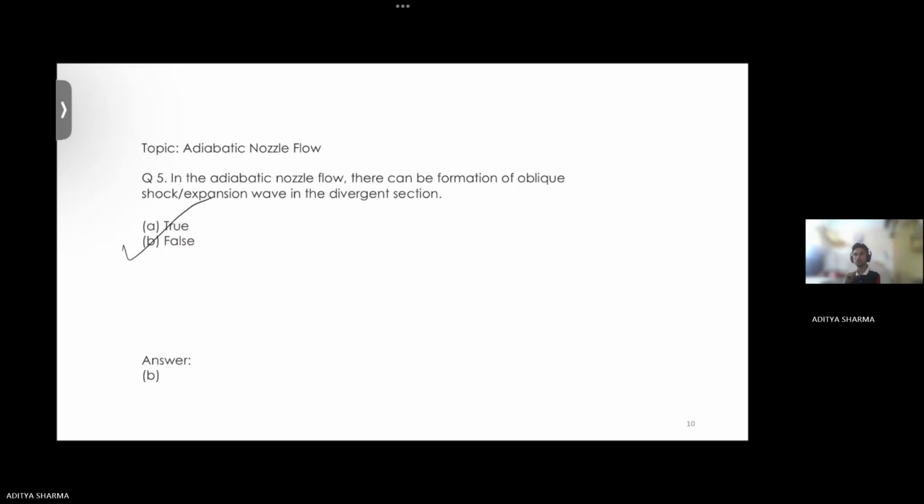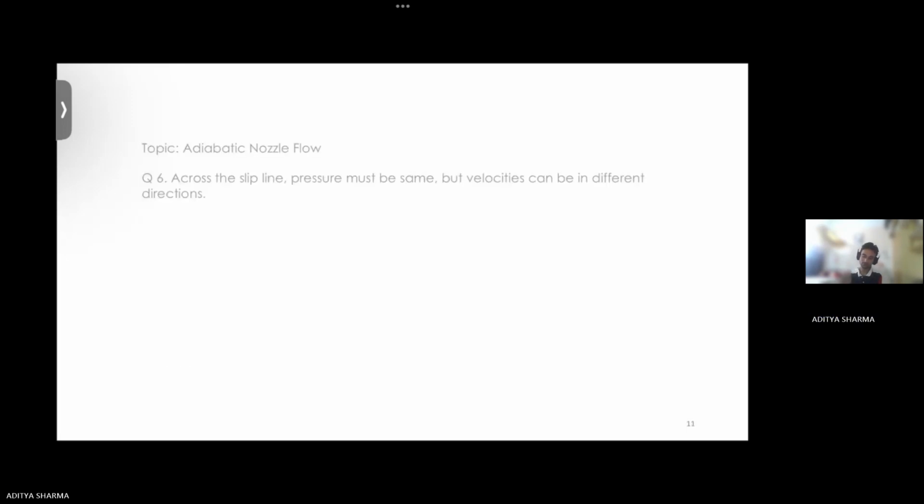Right, so we will move on to our next question. The question is again on adiabatic nozzle flow, and the question says that across the slip line, pressure must be the same, but the velocities can be in different directions. I hope you all remember the concept of slip line.